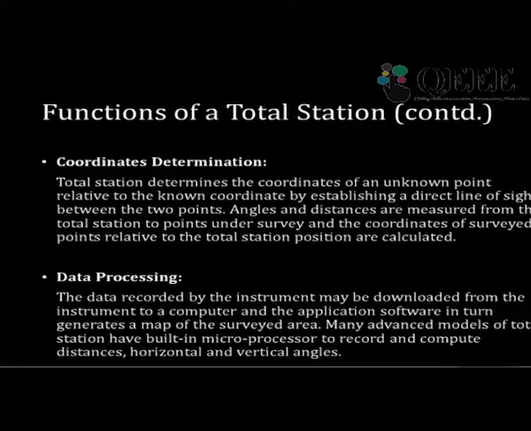So you can use the method of resection, the 3-point problem. As we discussed the 3-point problem last class, you can use the same principle and get the coordinates of the unknown point where your total station is occupied. So this is the reason I have taught about the principles of plane table surveying.